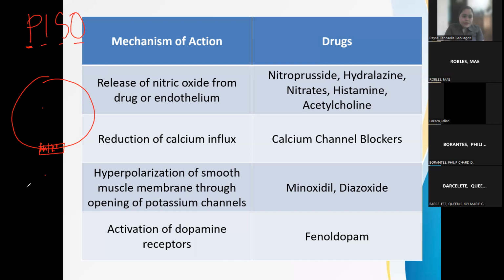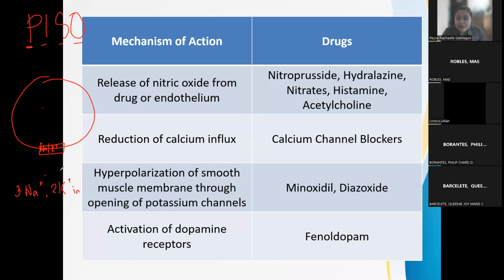Now, yung exchange ng sodium and potassium, yung kanilang ratio is 3:2. 3 na sodium ang lalabas, okay? And then, 2 potassium ang mag-go inside.